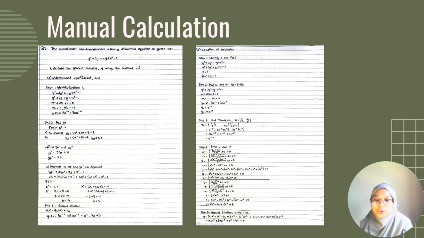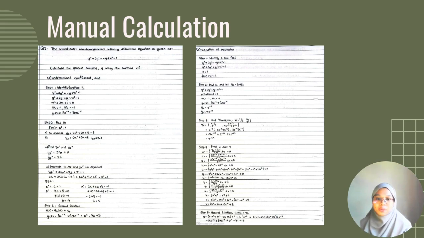For the rest, we must simplify the equation. So we get y is equal to a e to the power of negative x plus b x e to the power of negative x plus x squared minus 4x plus 5.